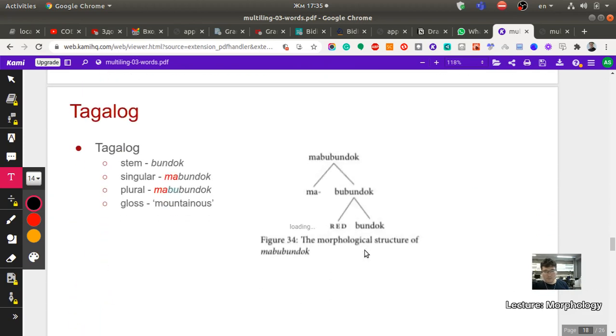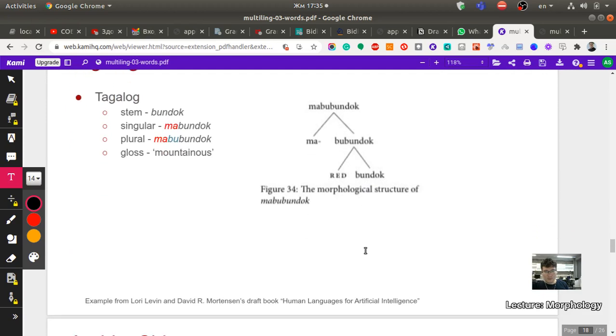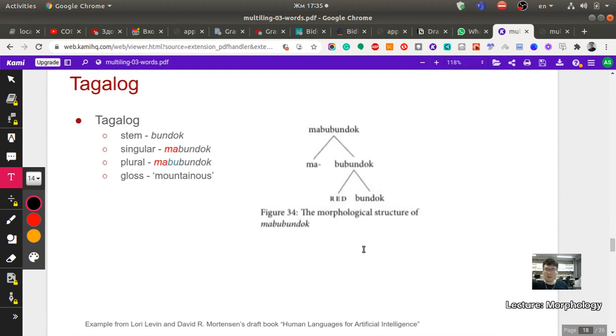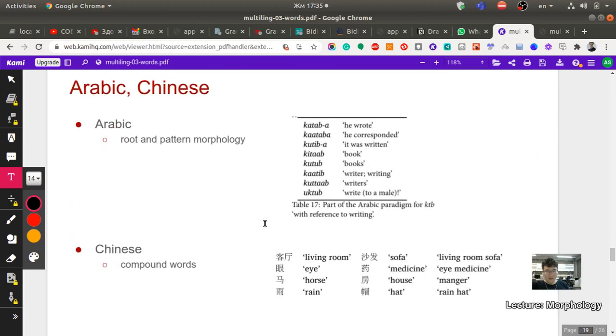And for example, this is Tagalog. I don't remember where it is from. Stem bundok, singular mabundok, and plural mabubundok, and the gloss is mountainous. Okay. What does it mean? I think it's mountainous. And this is also again Arabic, Chinese.